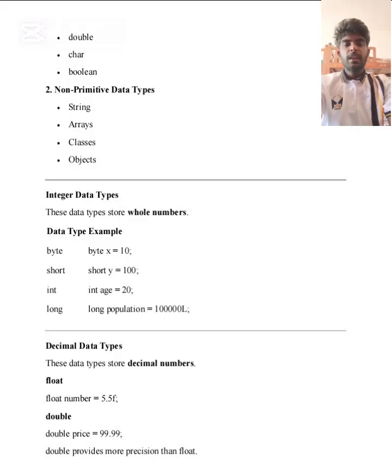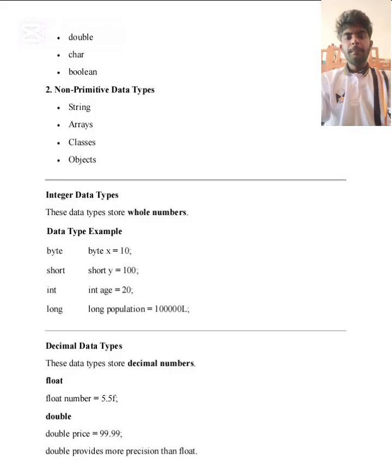Next, let's look at decimal data types. Decimal data types are used to store numbers that contain decimal values.